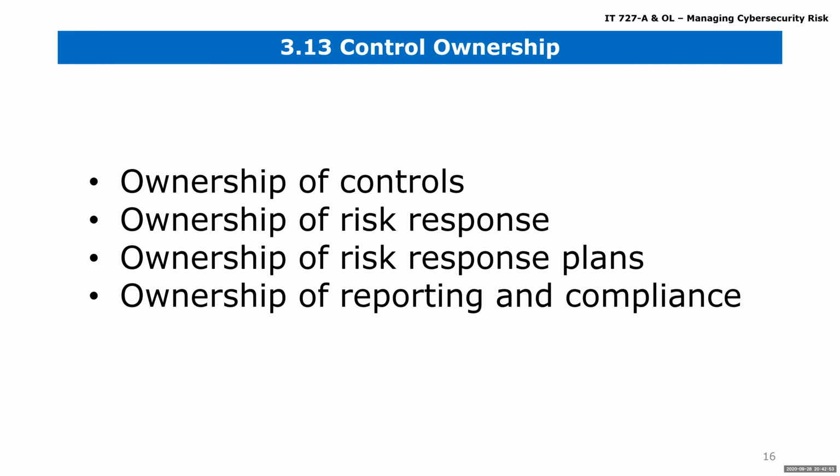That part of ownership is who owns the risk control itself, who is responsible and accountable for responding to the risk, including coming up with the plans and the monitoring, reporting, compliance, all of those things, right?